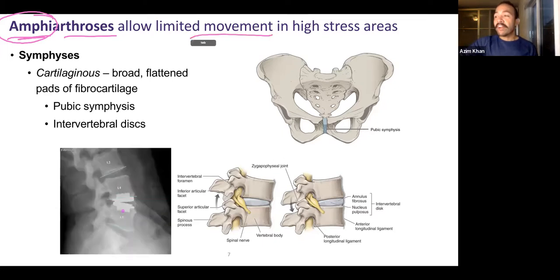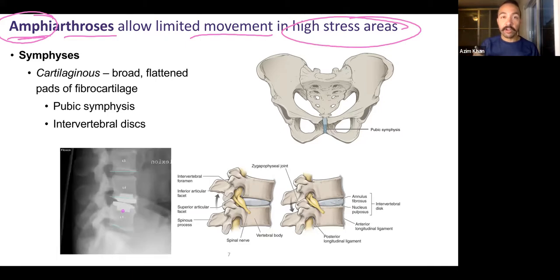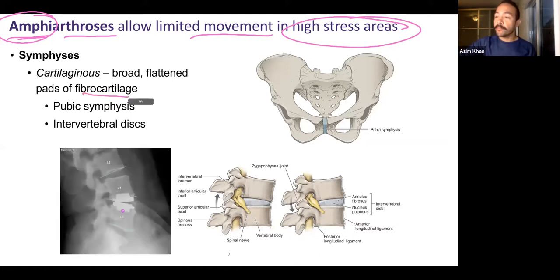Limited movement in very high stress areas, basically areas where we find fibrocartilage. Not all places, but many places. The two prime examples are the pubic symphysis, as well as your intervertebral discs.